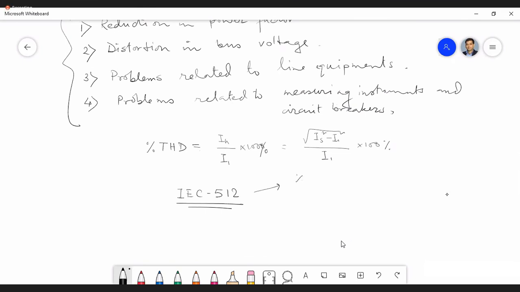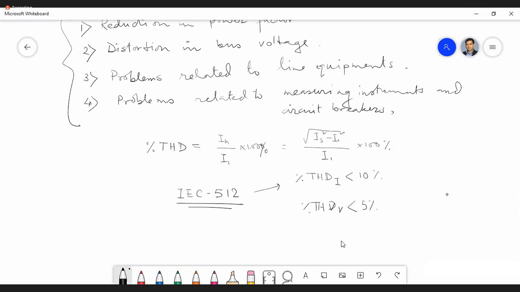According to that, your appliance which you are using should have THDI less than 10% and THDV should be less than 5%. Have to check the exact percentage.